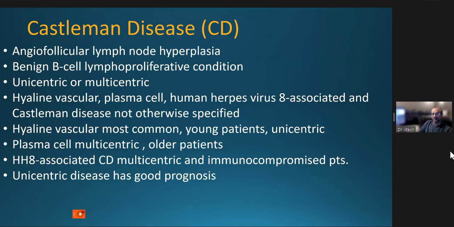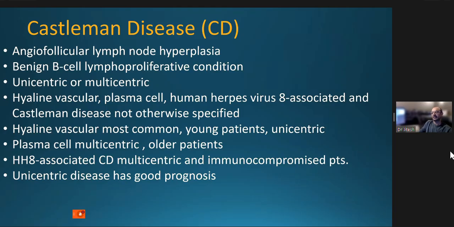Hypervascular is the most common, seen in young patients and usually unicentric, whereas plasma cell and HHV-8 associated diseases are mostly multicentric and occur in older patients. HHV-8 associated disease is seen in immunocompromised patients.